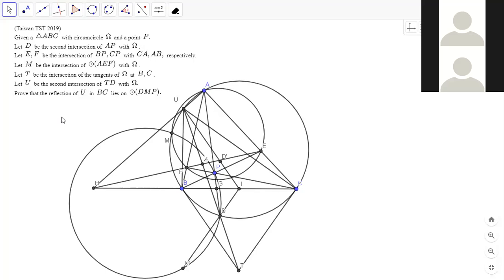Okay, so once we know that ID and U are collinear, basically we could redefine U prime to be the intersection of... yeah, we're probably pretty close.